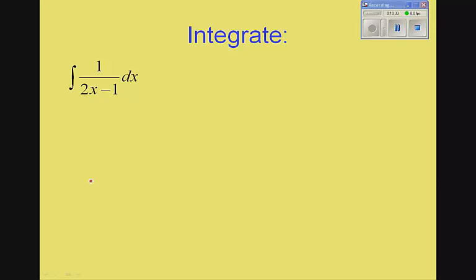How would you start? You could write it that way if you want. That's equivalent to this. Substitute, right. That's the whole theme of today, that we have this powerful tool for integration: substitution.